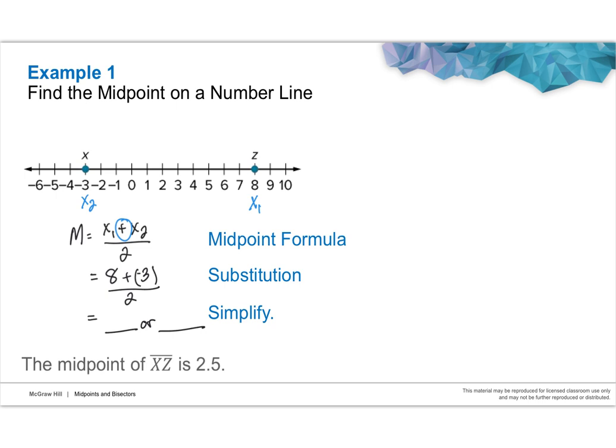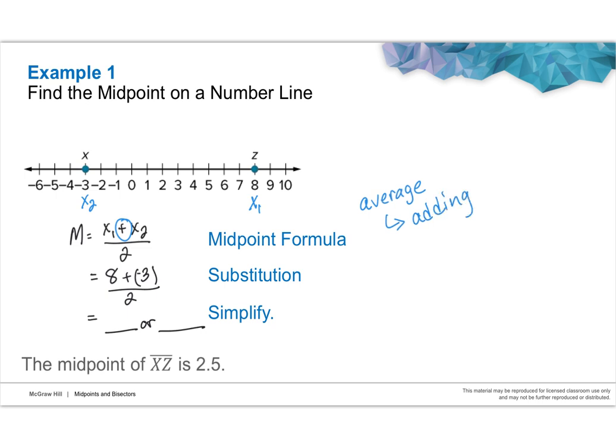Okay, this is a little different than what we were doing before, where we were finding the difference of the endpoints within lesson 1-5 and lesson 1-6. Whenever we find the average, you can always think about that we are adding. That's the operation that we are doing.